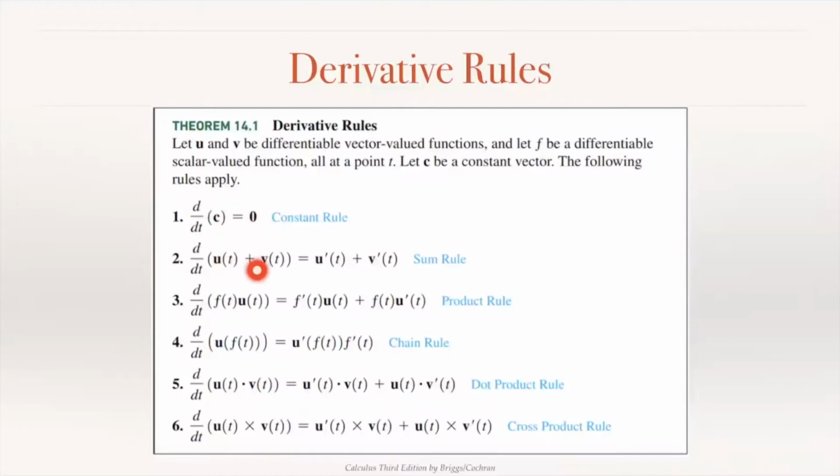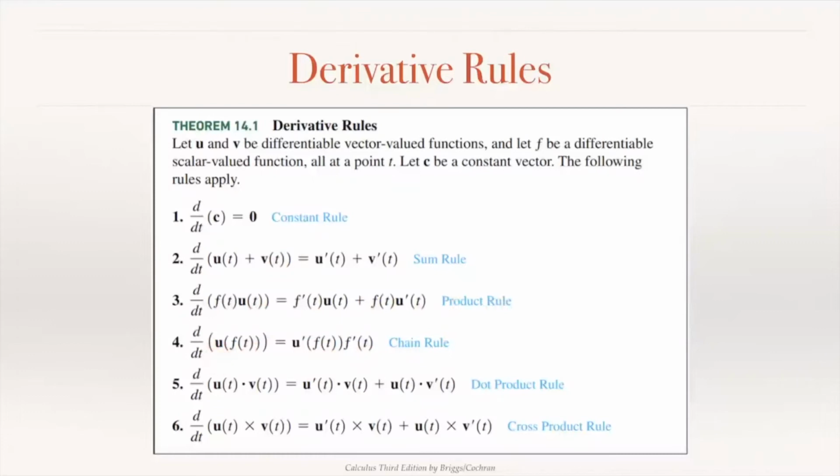The derivative of a sum of vectors is the sum of the derivatives of those vectors. For similar reasons, just think of it component-wise. Now, the product rule is still obeyed, and the chain rule is still obeyed. Obeyed in the sense of generalizing from Calc 1.